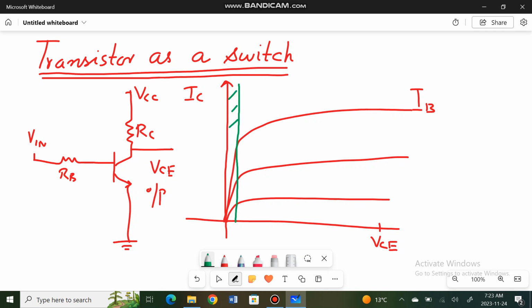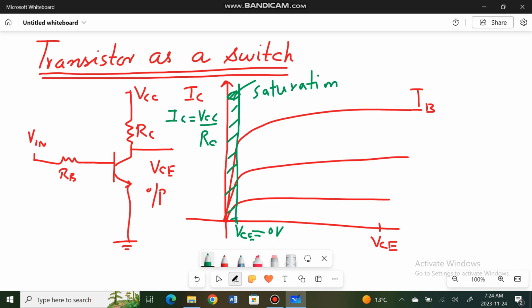The first region that I am highlighting is known as the saturation region. In this region of operation, IC is the maximum current that flows through the transistor, which can be determined by using the formula VCC over RC, while on the x-axis you can see that VCE is approximately equal to 0 volts.